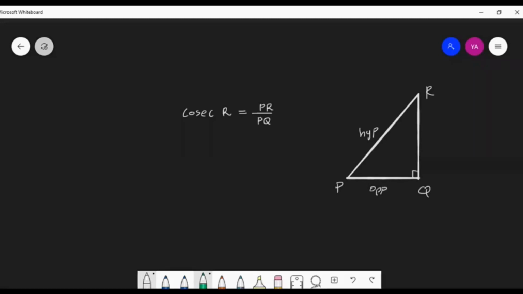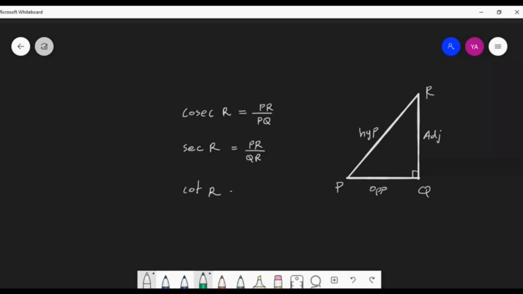The next one is secant. We can write it PR by QR, correct. Here we know cos R is adjacent side by hypotenuse, that is QR by PR. So we turn it, numerator and denominator, to get the reciprocal. So sec R will be PR by QR, that is hypotenuse divided by the adjacent side of angle R. And the third one, cot R, is QR by PQ.